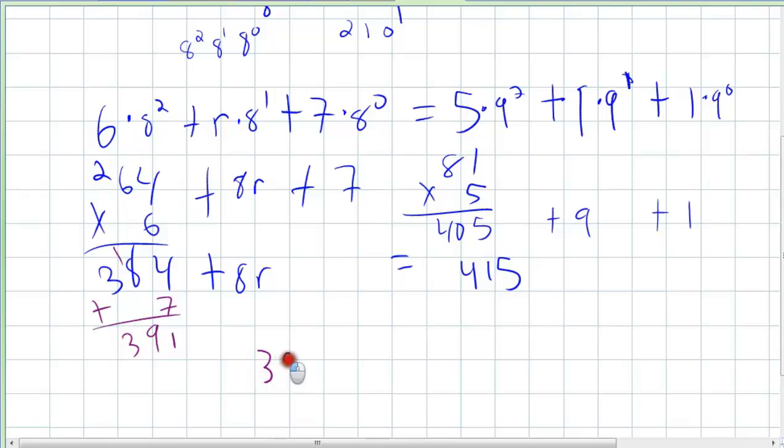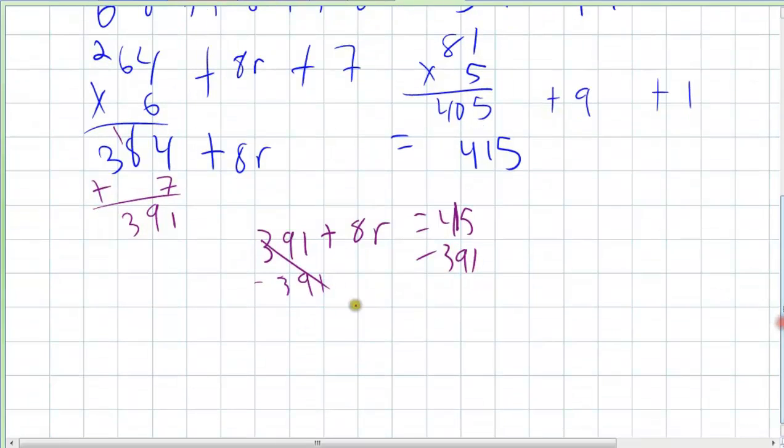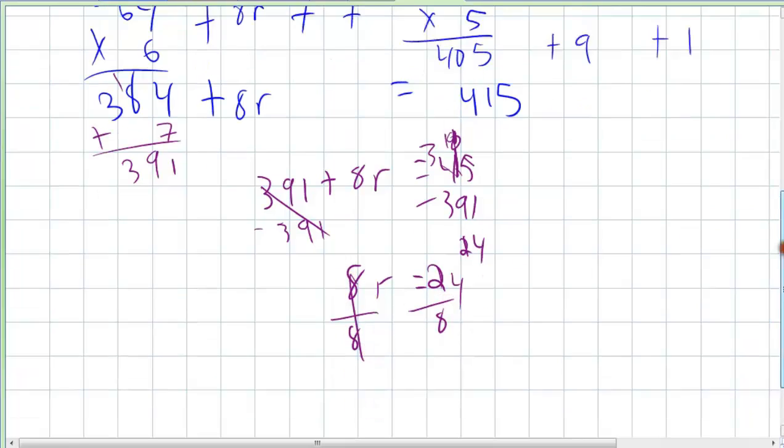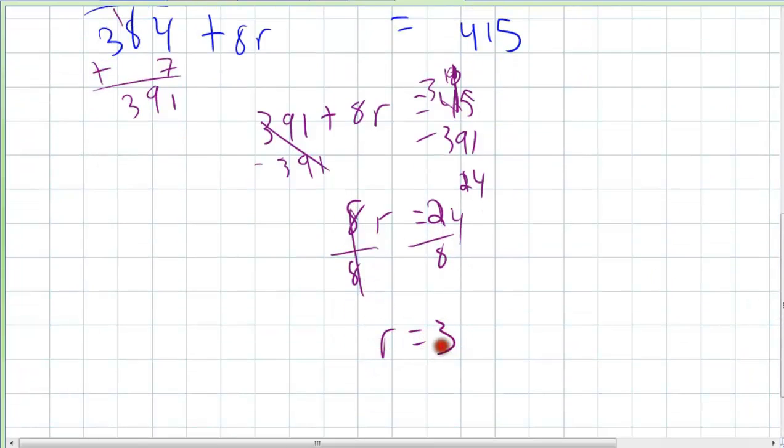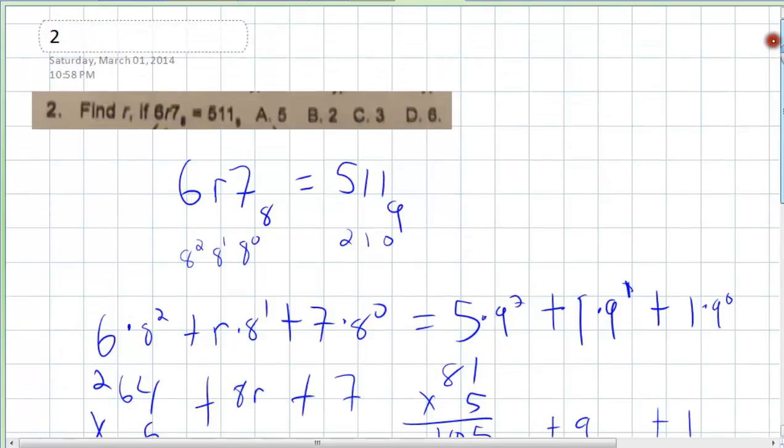So 391 plus 8R is equal to 415. And then we're going to subtract the 391. Okay, so now we have 8R is equal to 24. And then we divide by 8, and we get R is equal to 3, which would be your answer right here.